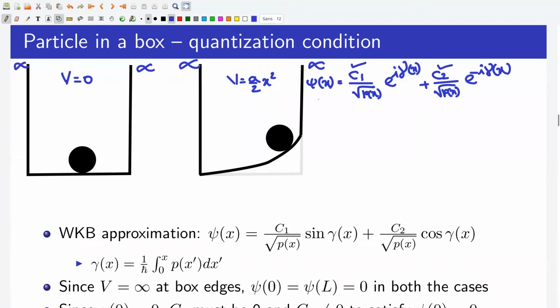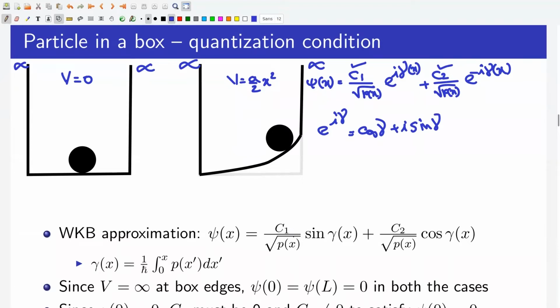Now, we can just use e power i gamma is equal to cos gamma plus i sin gamma and write the wave function in this form.